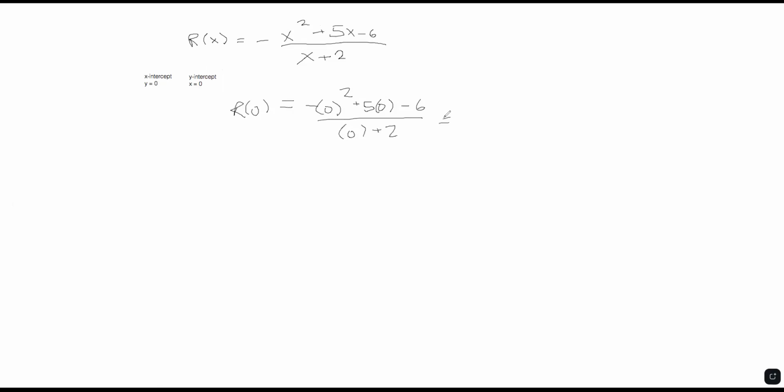So upstairs, we have 0 plus 0 minus 6, downstairs 0 plus 2. So yeah, this is negative 3. So you got the right answer, but you also want to know how to do it algebraically. And this is how we do it. We plug in 0 for x and see what we get as a result. So when x is 0, we found out y is negative 3.